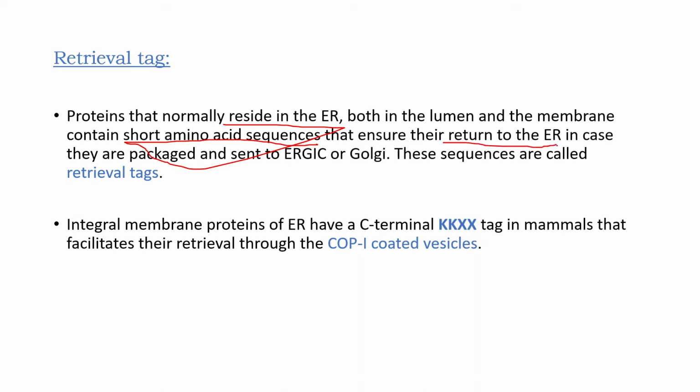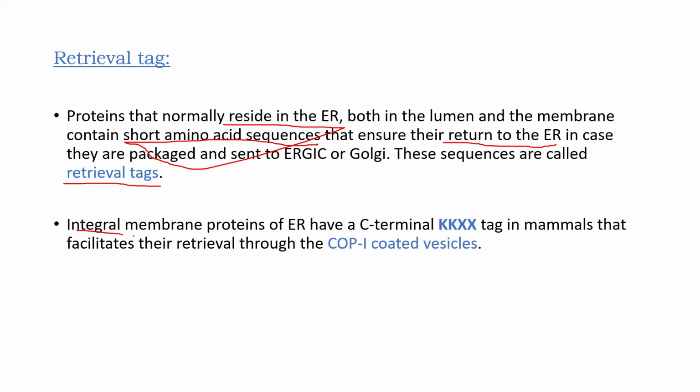In order to return these proteins to the ER, something has to be sensed on these proteins, right? How will you know which proteins are to be returned to the ER? Which are ER specific proteins? So there are specific sequences on the ER specific proteins, whether they are luminal or membranous ER proteins. These sequences are called retrieval tags. And due to these tags, these proteins are always recycled back to the ER.